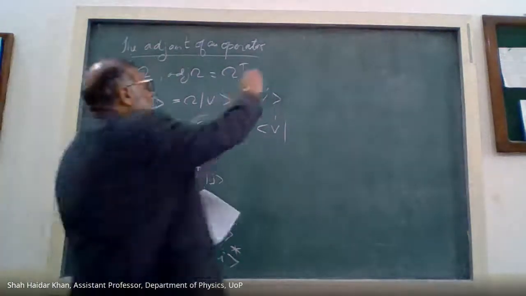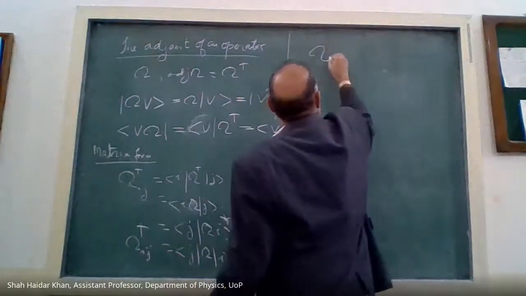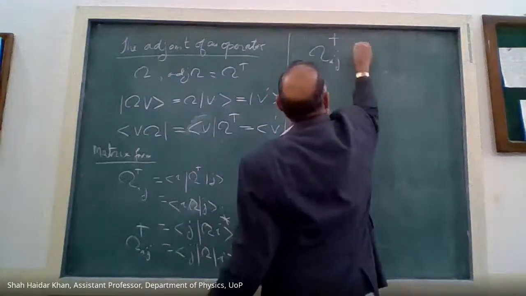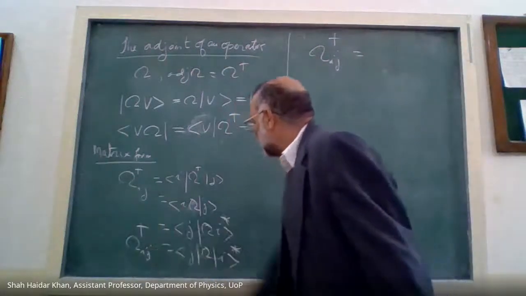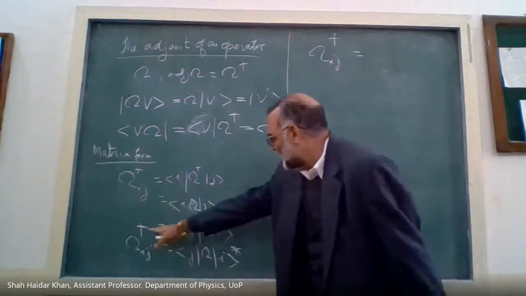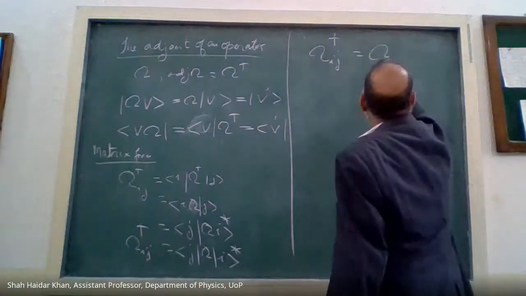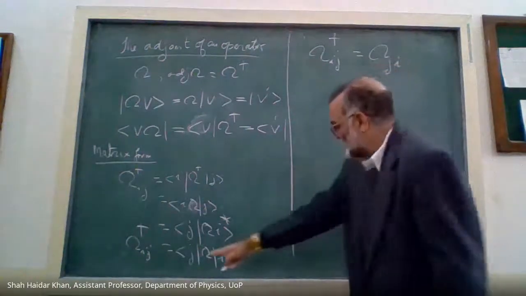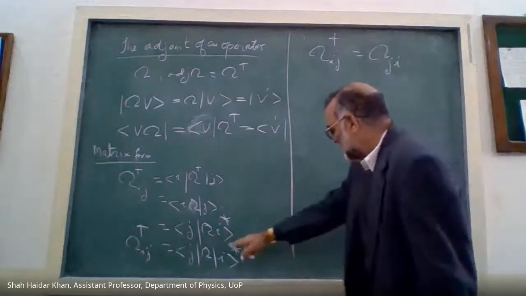Or we will say omega ij dagger is equal to omega ji star.